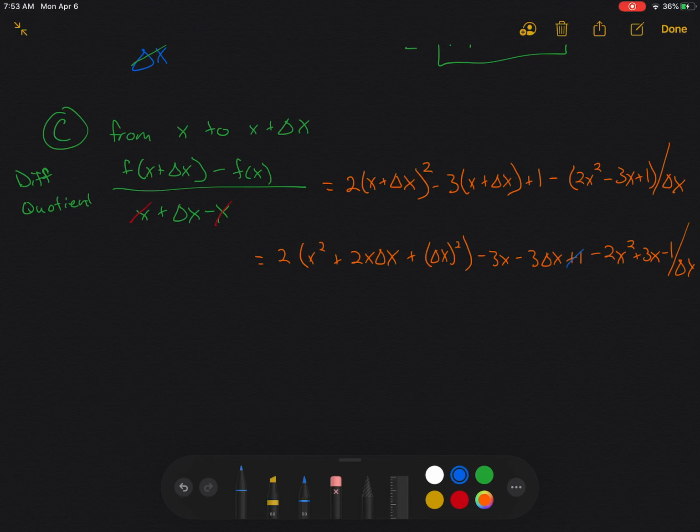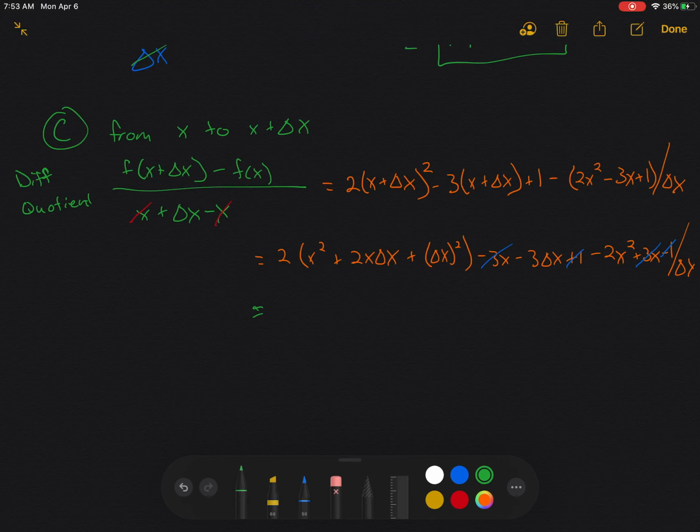From here, we can get rid of these ones. See ya. We can get rid of our 3x's. And so this is what we're left with at the next line.